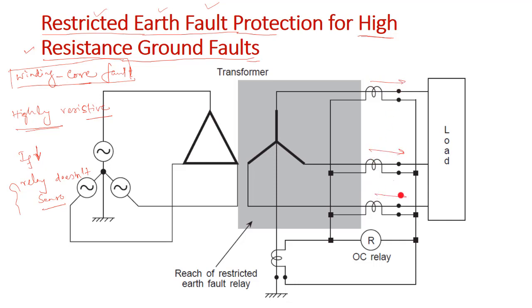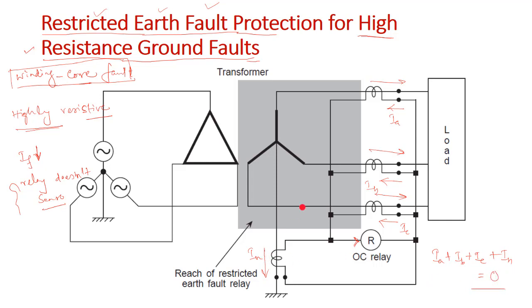So if we do the analysis under normal load condition, let us say the load is unbalanced, right? Your CT currents will be IA, IB and IC. As the load current is unbalanced, there will be some neutral current, right? So the current flowing in the relay circuit will be IA plus IB plus IC plus IN, which is nothing but equal to 0, right?